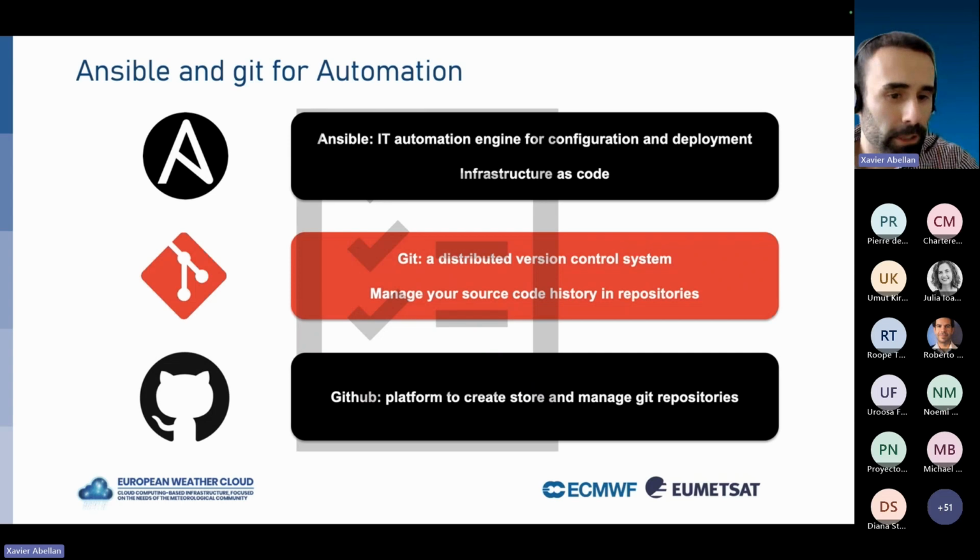And we have to put that Git repository somewhere. For this example, we are using GitHub, which is the platform where you can create, store, and manage Git repositories. So we're going to make use of that too to host our Git repository.